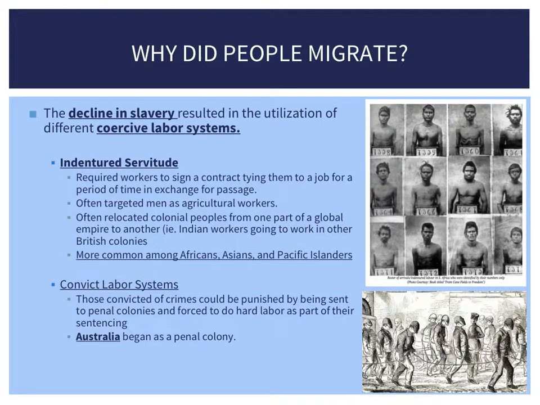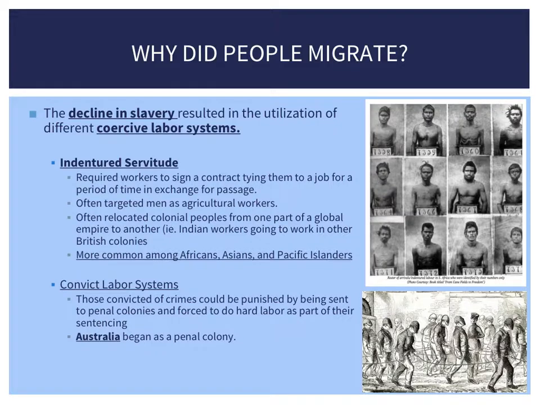So indentured servitude, we talked about back in the previous time period, 1450 to 1750, as being used in the Americas, and it was. But it especially grew in prominence as slavery was outlawed, and people who owned plantations, for example, still needed a lot of workers, and so this was one way that they got those people.